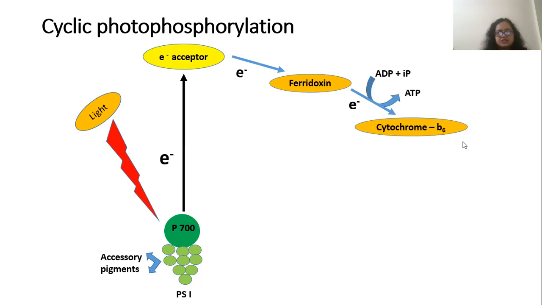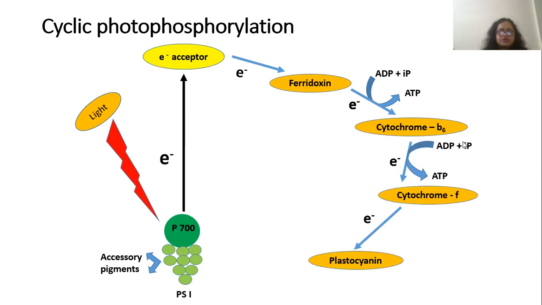Ferredoxin again releases an electron which is accepted by the cytochrome B6, and during this process one molecule of ATP is synthesized by the addition of inorganic phosphate to the ADP molecule. Now cytochrome B6 again becomes excited and releases an electron which is captured by the cytochrome F, and in this process also another molecule of ATP is synthesized.